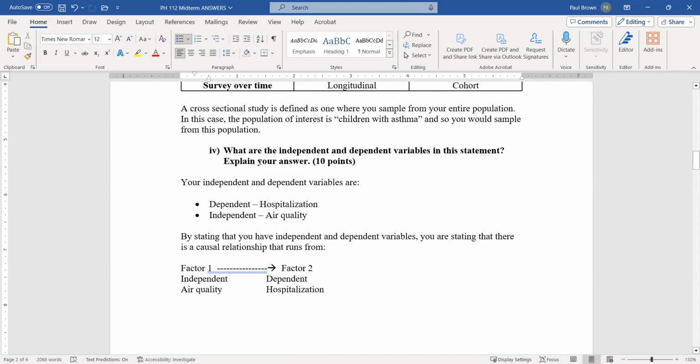No. So that means air quality is the independent variable, and hospitalization is the dependent variable. So something you can try, for example on the final, when I ask what's the independent and dependent variable, is to think of your answer, then ask yourself if you flipped it, does it make sense?